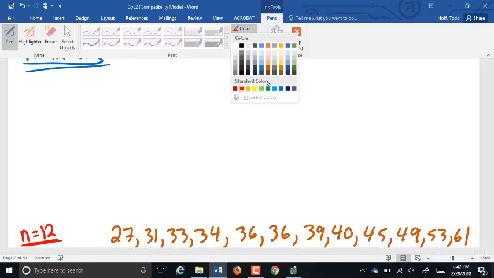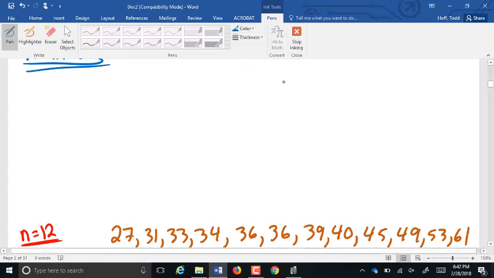Now, this is a very small data set. Usually if we're dealing with percentiles, we're dealing with a data set with hundreds of numbers in it. To make it simpler, we're dealing with a data set with 12 numbers in it. So some of our calculations are going to be a little rough, but the process is still the same.